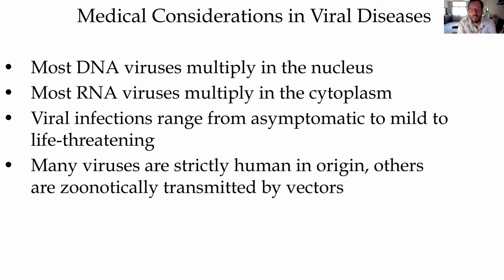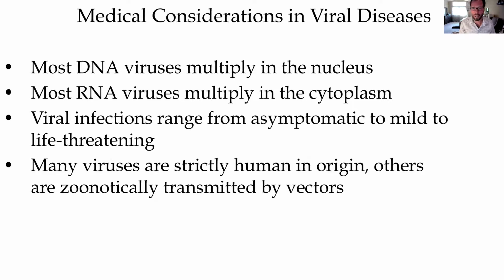Most DNA viruses, as I said, multiply in the nucleus. Most RNA viruses are in the cytoplasm, but again, there are exceptions to that as well. Some can be asymptomatic, some can be mild, some can be life-threatening, and that can all be one type of virus doing that, as we well know right now with COVID.